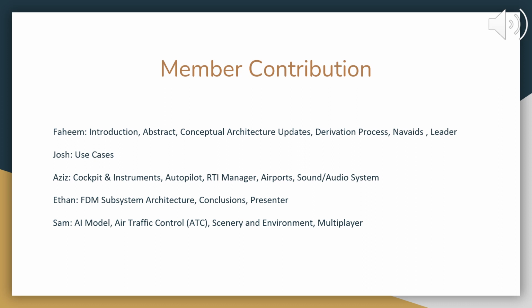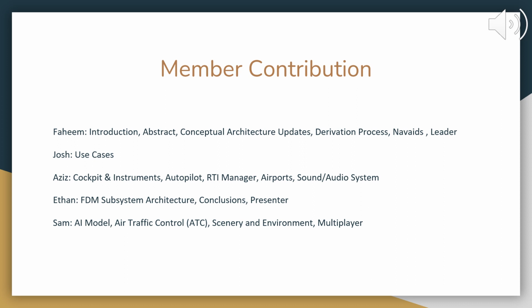So for Fahim, he worked on the introduction, the abstract conceptual architecture, the derivation process, navigates, and he was the leader of our group. And then we've got Josh, who worked a lot on the use cases and did a great job on it. And you've got me, who worked on the cockpit and instrument, autopilot, RTI manager, airports, stuff like that.